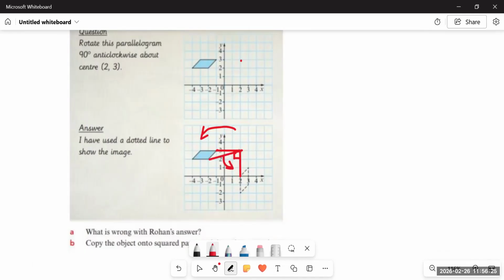Now, not this, like this. So we will draw it in this direction.